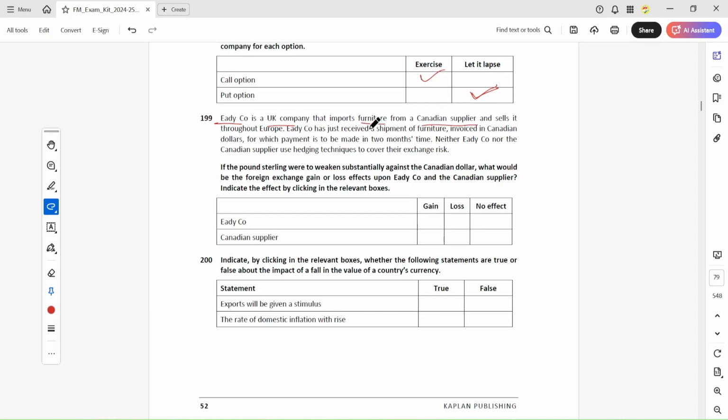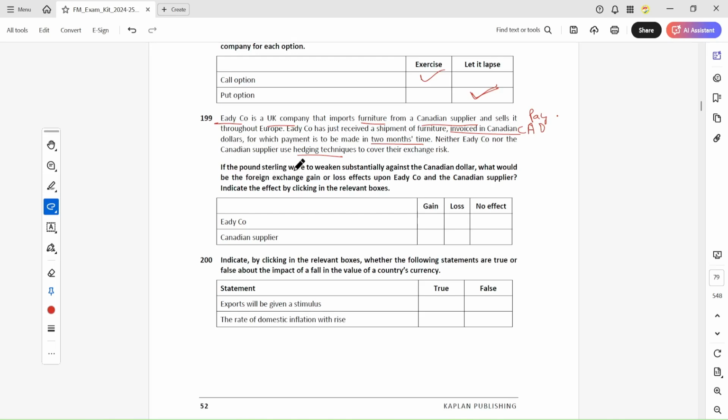AD company has just received a shipment of furniture invoiced in Canadian dollar, so we pay in Canadian dollar, for which the payment is to be made in 2 months' time. Neither AD nor the Canadian supplier uses a hedging technique to cover the risk.